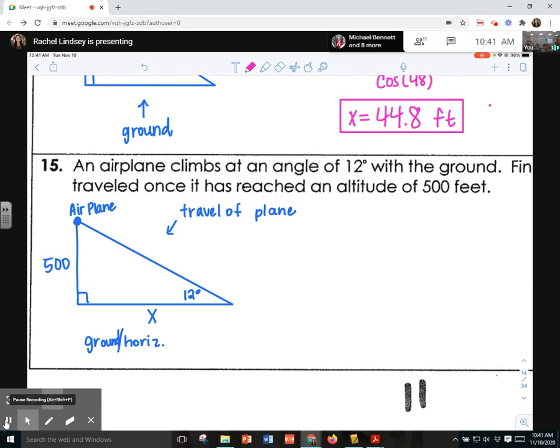So if my angle is 12, what is x? Opposite, adjacent, or hypotenuse? Adjacent, and 500 would be opposite. So I have opposite and adjacent, so I'm going to use tangent. The tangent of angle 12 equals my opposite 500 over my adjacent x.